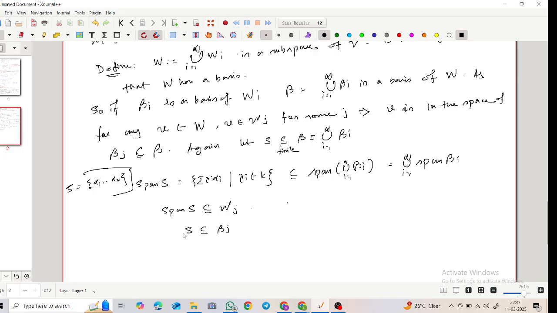This is clear because S is contained in this union. Span S is contained in Wj, which is span beta J, and S is also contained in this.